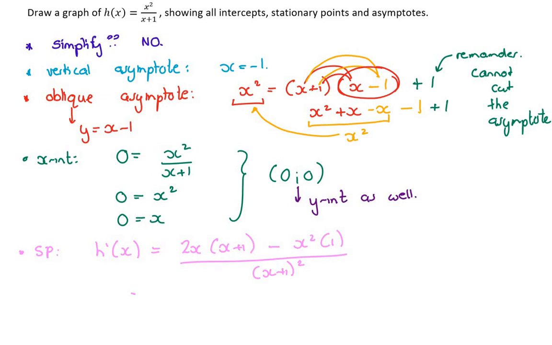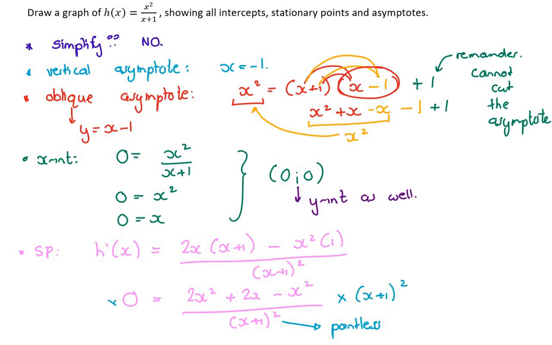In reality, the moment I set it equal to 0, that denominator is actually going to be entirely pointless in this question, simply because the denominator can't be 0. So I'm going to multiply by it on both sides and it disappears. That's why, even though this equation looks fairly mean, it actually boils down to something really easy. So don't let these derivative questions throw you off.